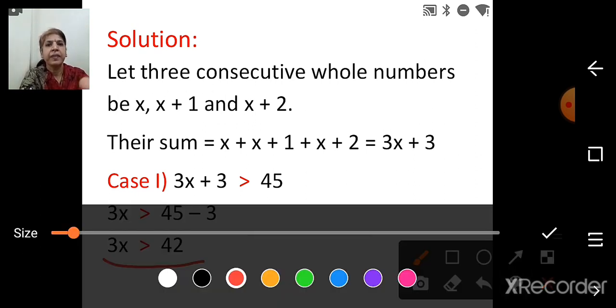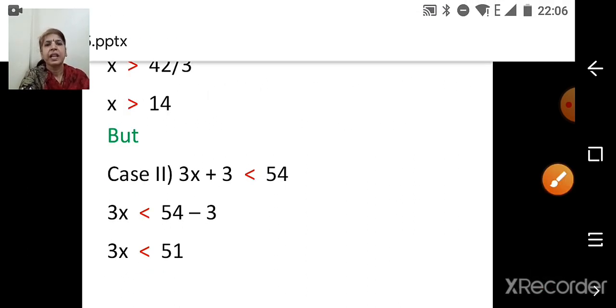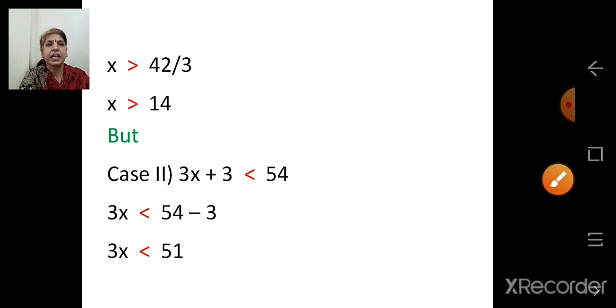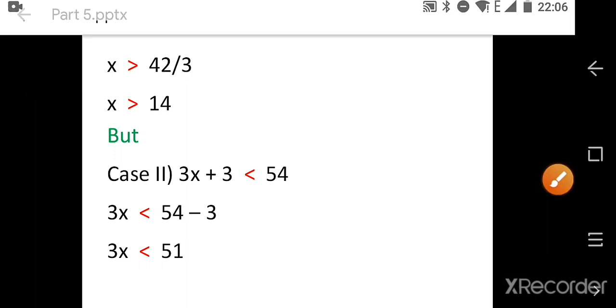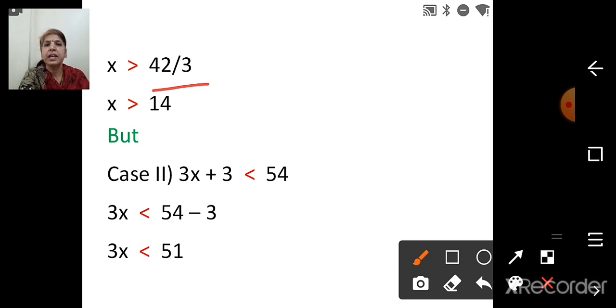And then x is greater than, now what will happen? 42 divided by 3. 42 divided by 3, yes children, what is the answer? It is 14. So you got x is greater than 14.